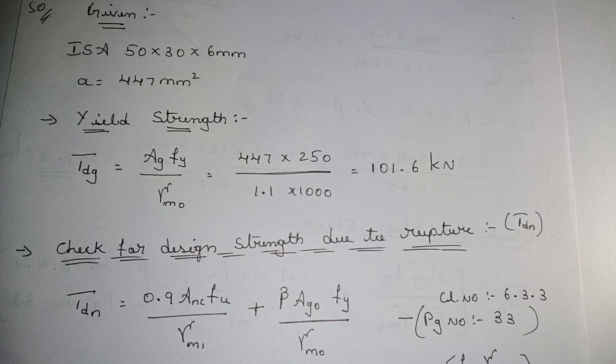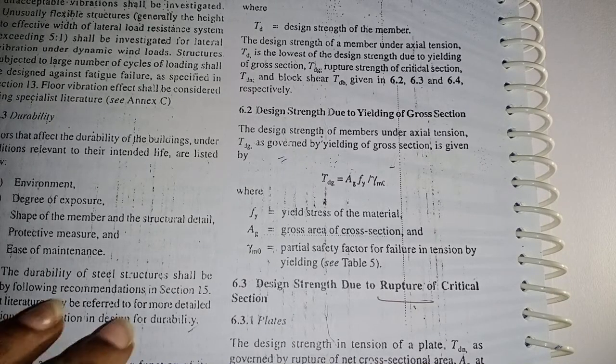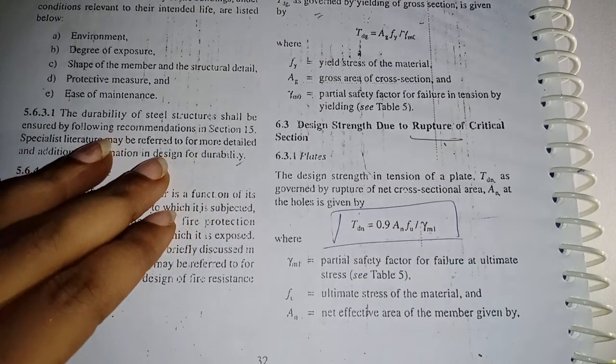Firstly we'll find the yielding strength, Tdg equals Ag fy divided by gamma m0. You will get this directly in your code book. Here is the code book. Open page number 32.